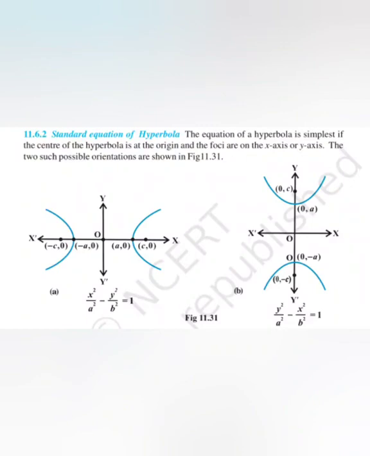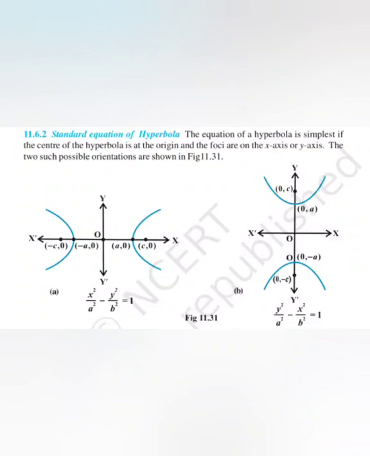Now if the transverse axis is along the y-axis and the conjugate axis is along the x-axis, center at origin, then the equation of the hyperbola is y squared by a squared minus x squared by b squared equal to 1.